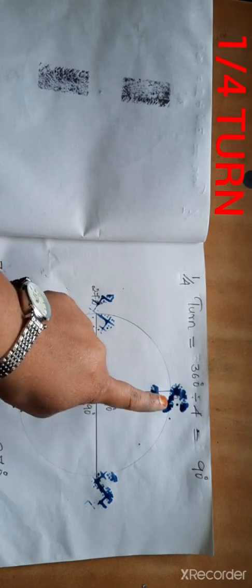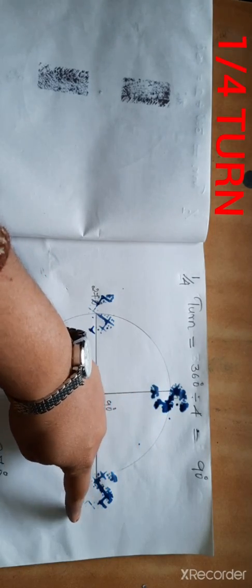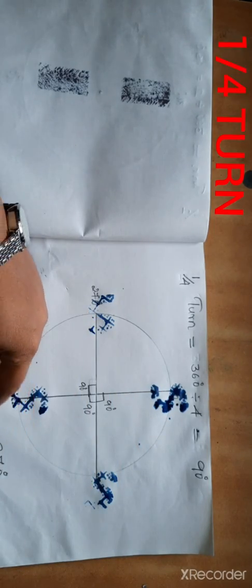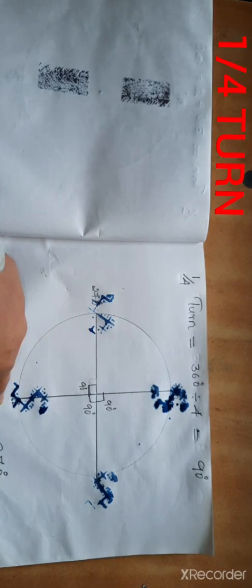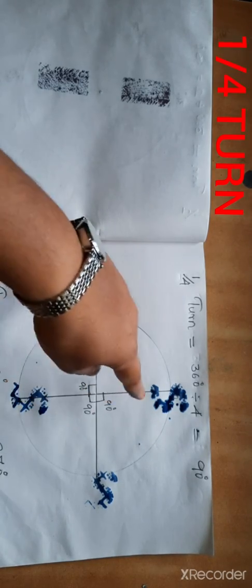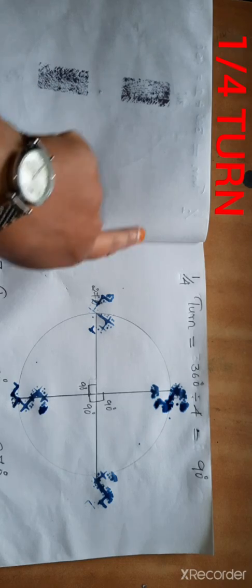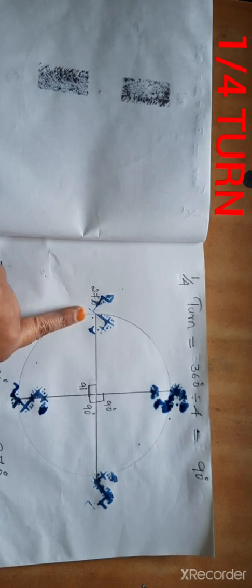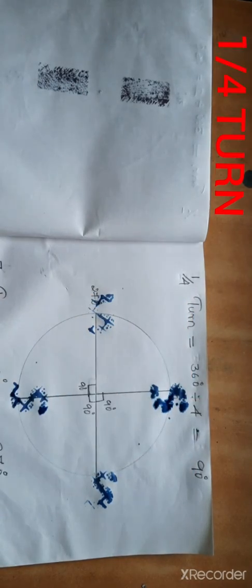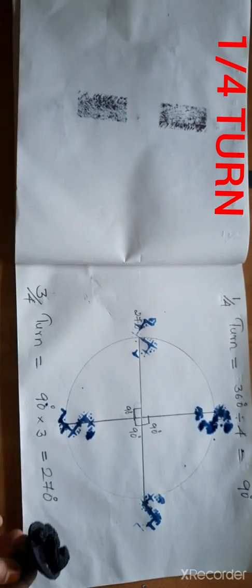See, the S shape will look like this, and after giving half a turn it will look the same, because S looks the same after half a turn. Then one more quarter turn and then to the final position. Now let's try to make a pattern on this.